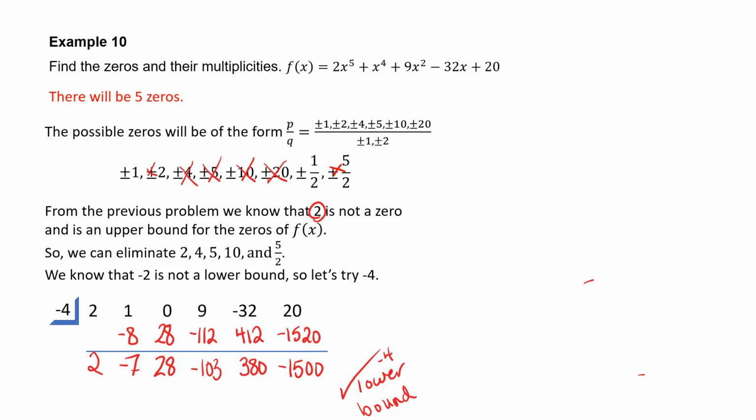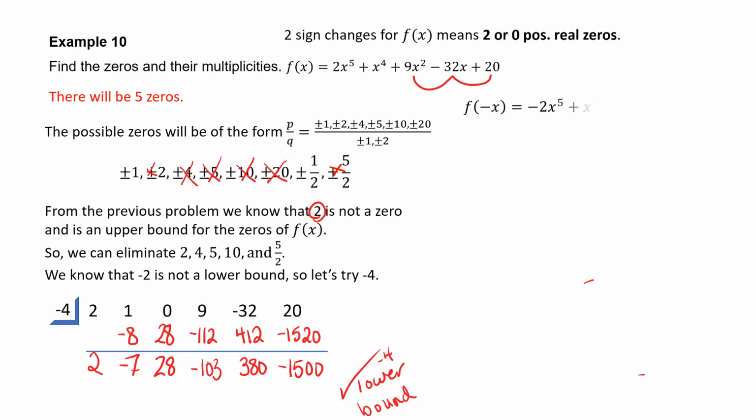All right, we could then go ahead and use Descartes' rule of signs to see how many positive and negative zeros there will be. So if we go back up here to f of x and look at the signs, that's 2 sign changes. 2 sign changes for f of x means you could have 2 positive real zeros or none.